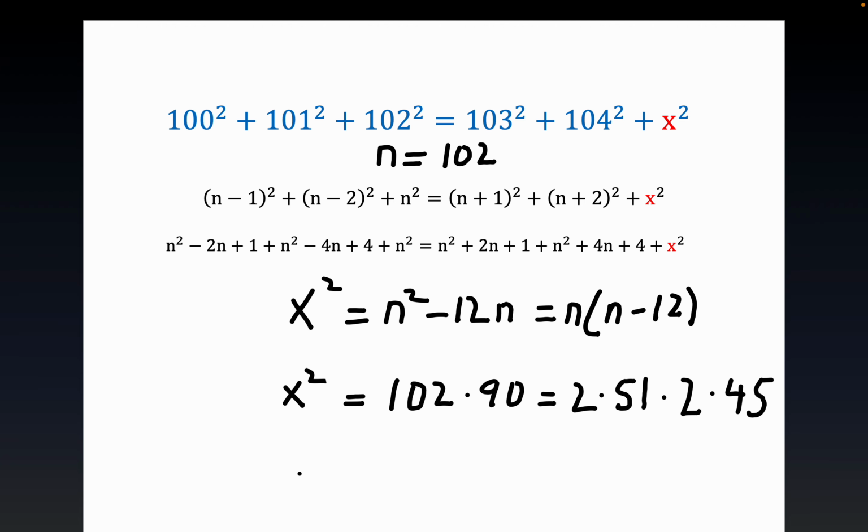And so, x squared would equal, 2 times 2 is 4, right? So we write 4 down. Now you'll notice here, this is 3 times 17, and this is 3 times 15. All right, and so what we get is 3 squared, which is 9, so we have 4 times 9, right?